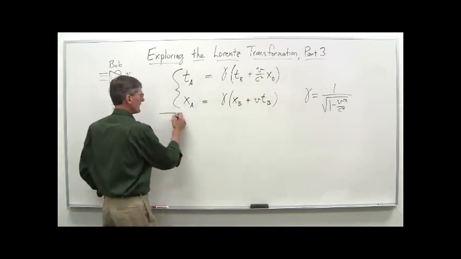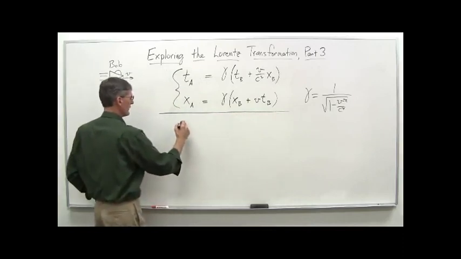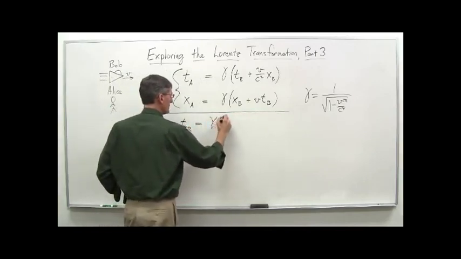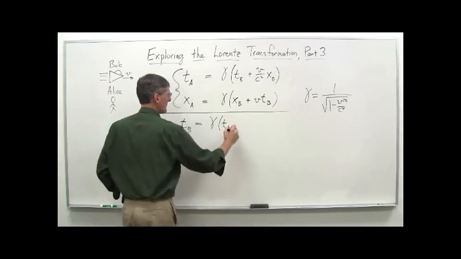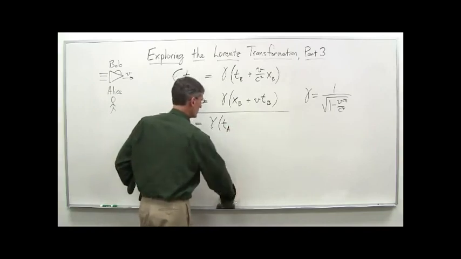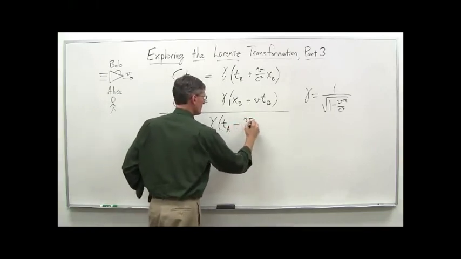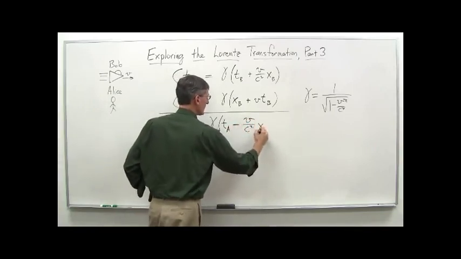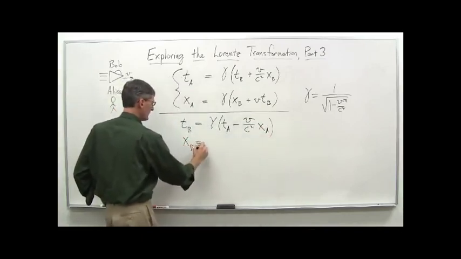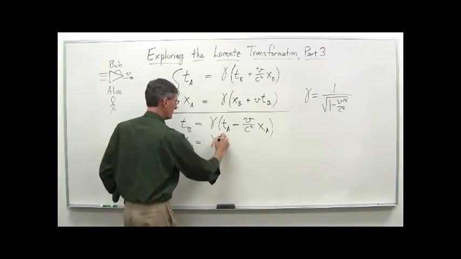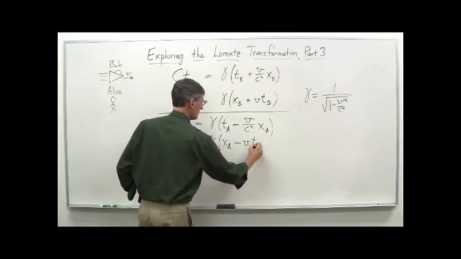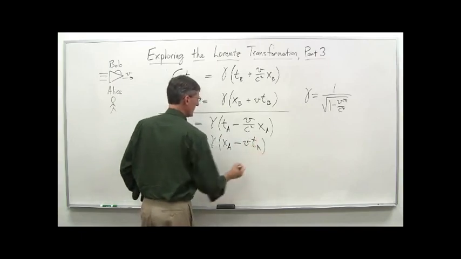So we can write it like this. From Bob's perspective, t_B for Bob is gamma times (t_A minus v over c squared times x_A), and x_B for Bob is gamma times (x_A minus v t_A).